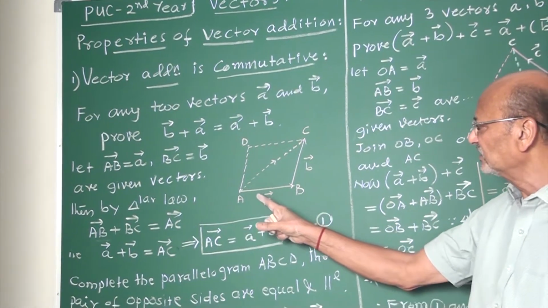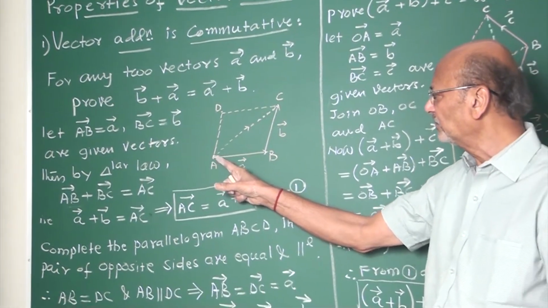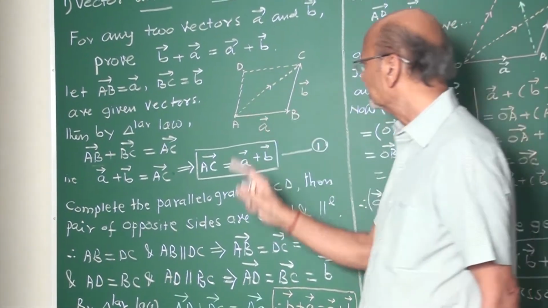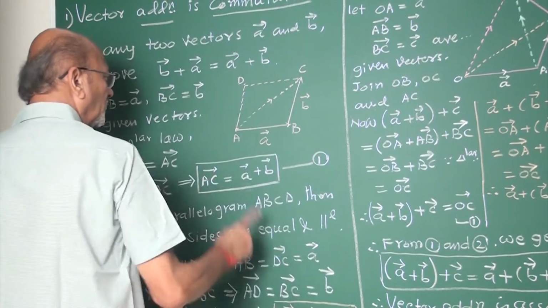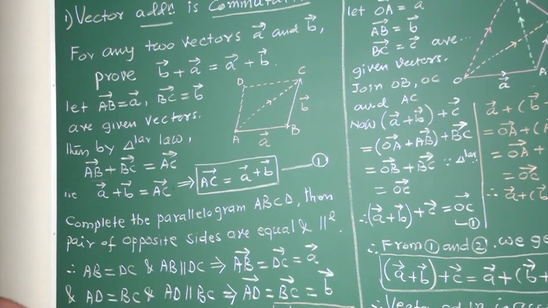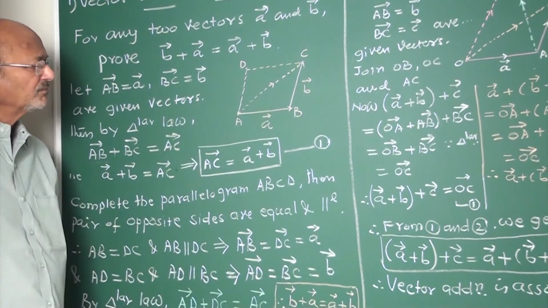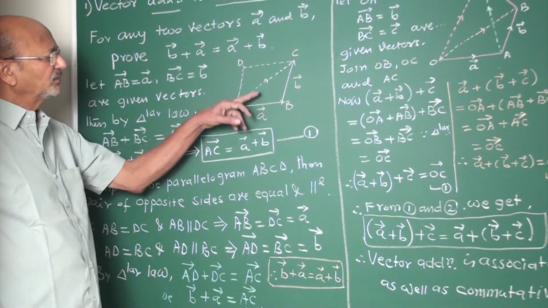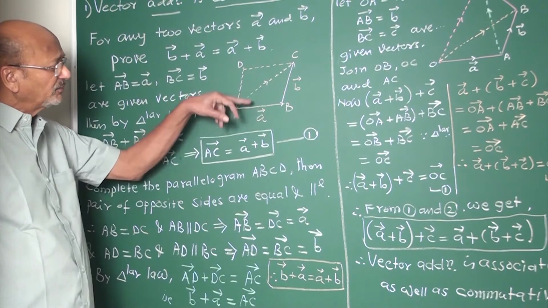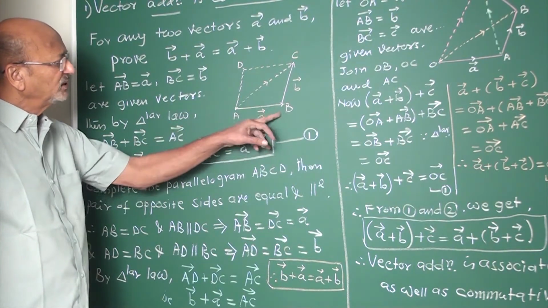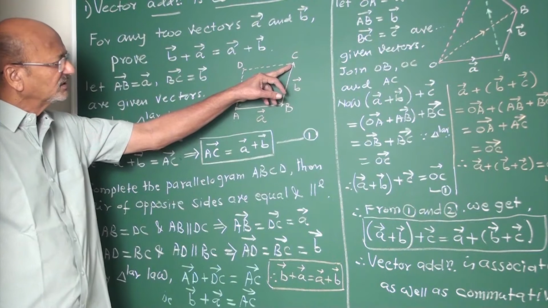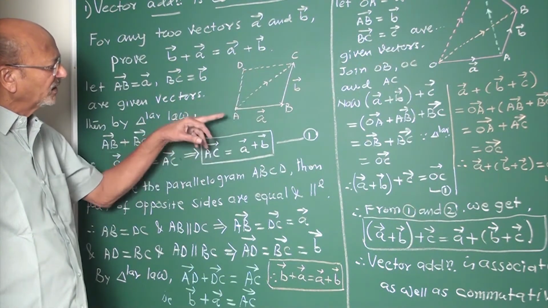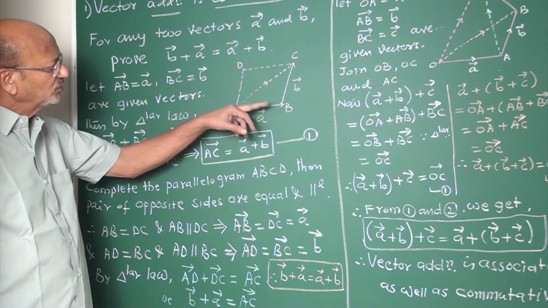Next, my friends, complete the parallelogram ABCD. This parallelogram is completed. Then you know the property of a parallelogram. In a parallelogram, pairs of opposite sides are equal and parallel. So AB equal to DC, and AB is parallel to DC. What is the other pair? This. AD equal to BC.